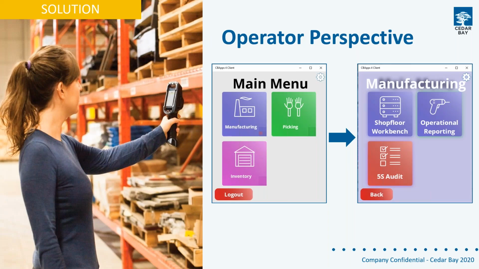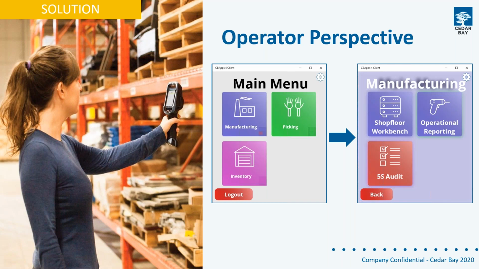From the client perspective, the operator will log in, and they get the main menu on the left as their first step. They would tap on the manufacturing button, and that will take them to the next sub menu, which has our shop floor workbench, operational reporting, and 5S audit buttons. So two core transactions and one Transaction Builder designed transaction.